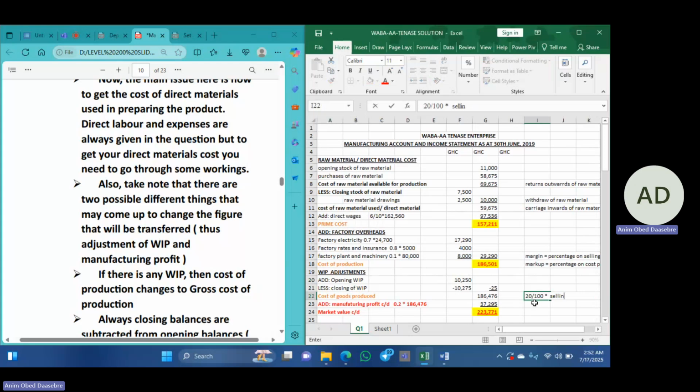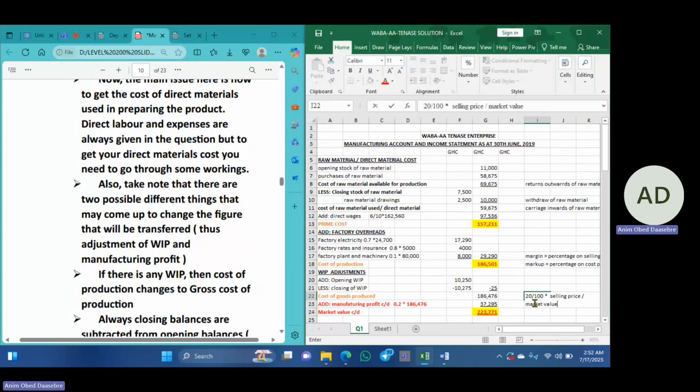This means the question will provide you with the selling price or the market value.